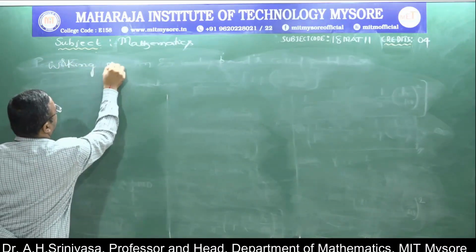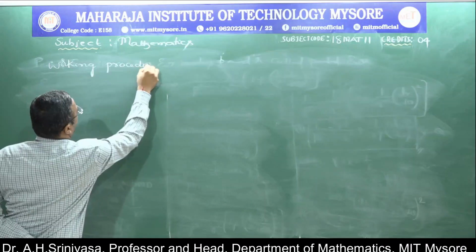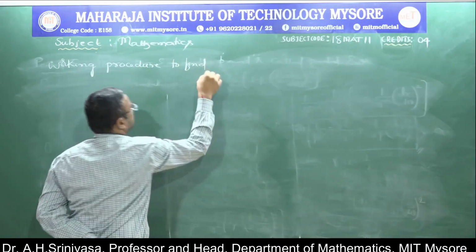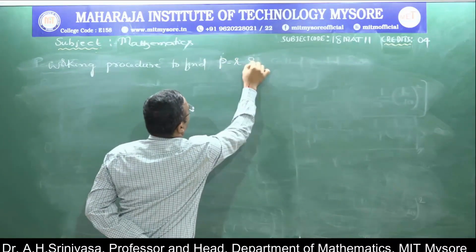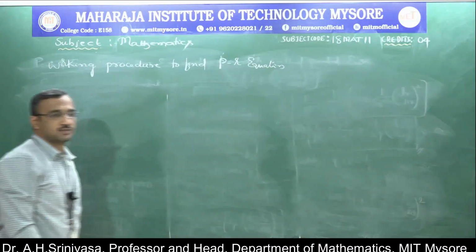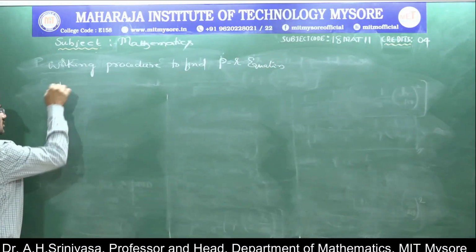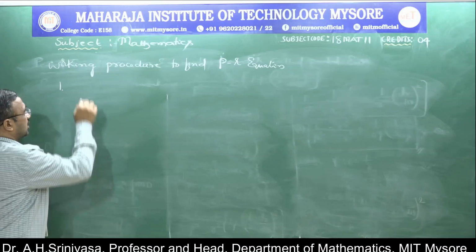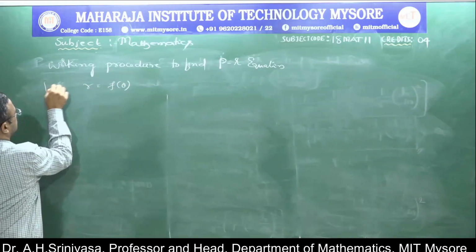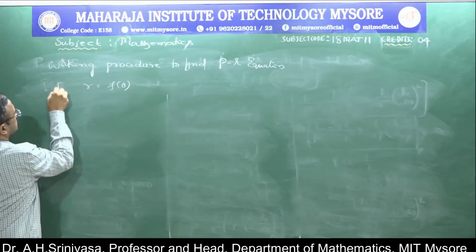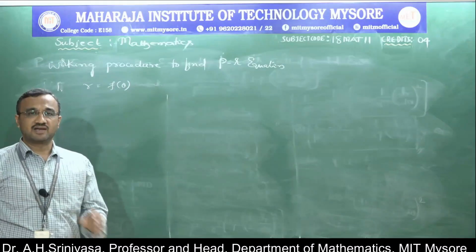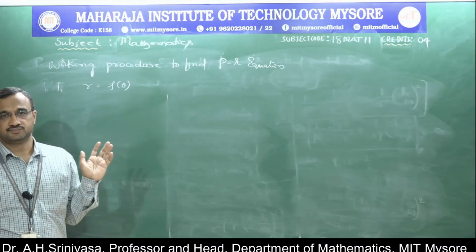Working procedure to find the Pedal equation, that is the p-r equation. We call it simply the p-r equation. The first step: take the given polar curve r equal to f of theta. For a polar curve r equal to f of theta, we should eliminate phi.